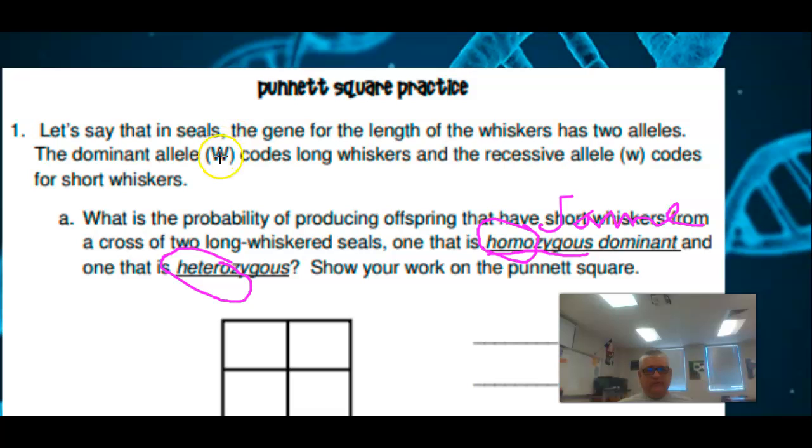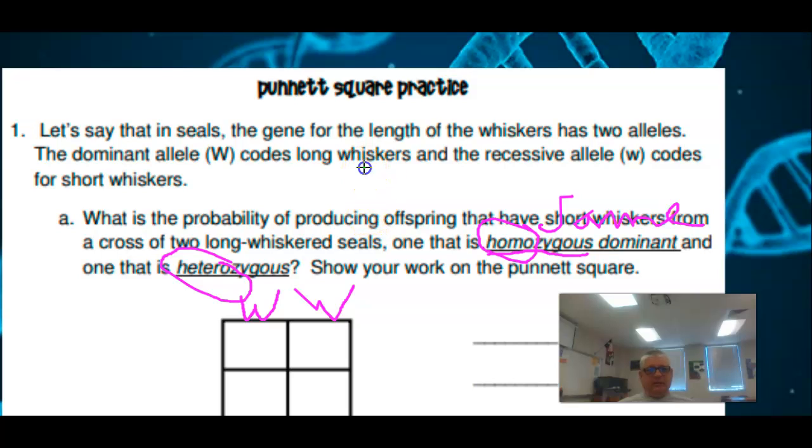What letter are we using? They already told us. We're using W's. I'm going to put this homozygous dominant right here. Homozygous dominant would be capital, because it's dominant, right? And I'm going to make them super big. Then heterozygous means different. There's only one way you can have something that's different.